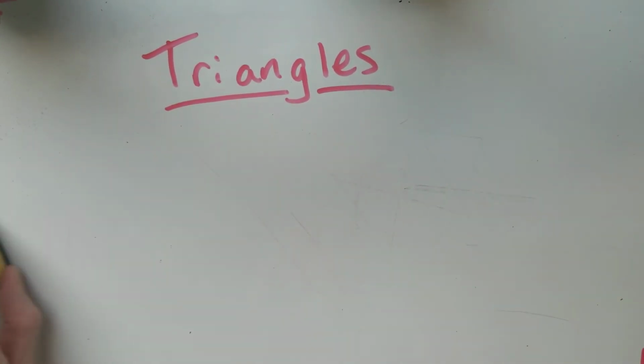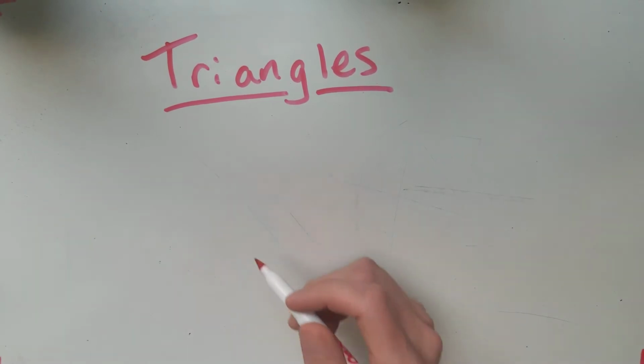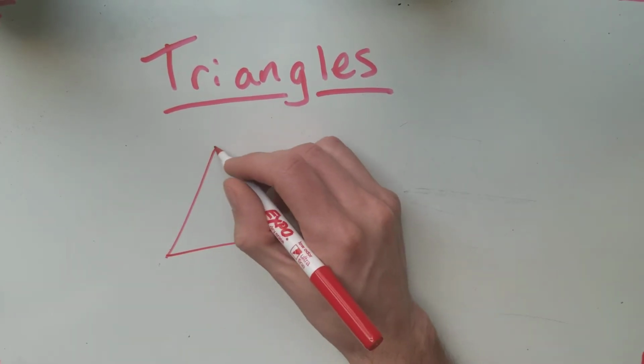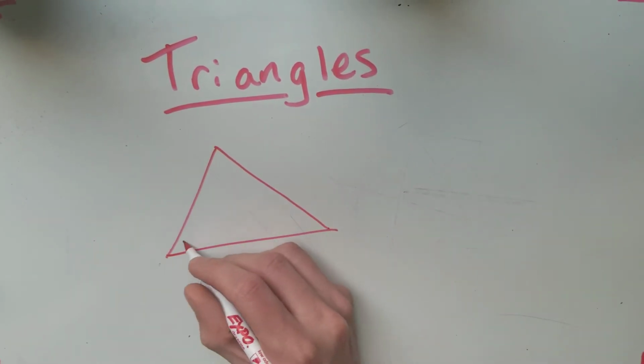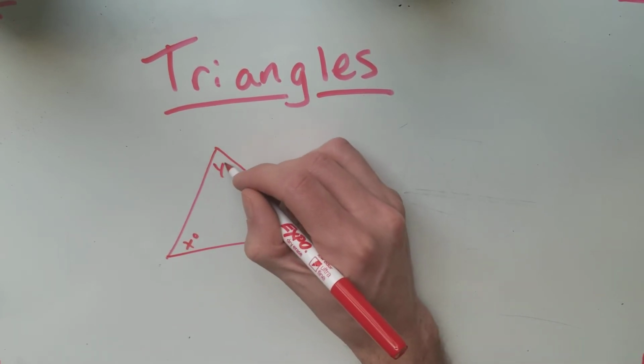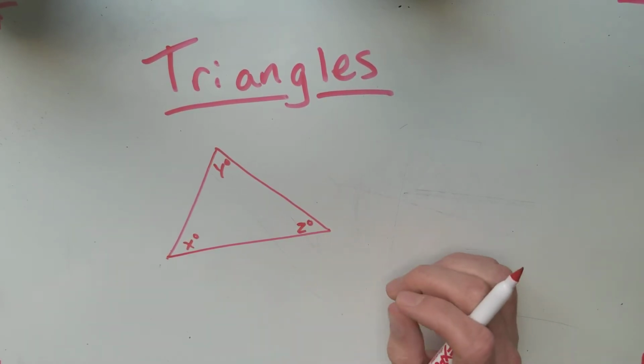One of the important properties I just talked about is that the angles inside a triangle add up to be 180 degrees. In the example in your slides, we have X degrees over here, Z degrees, and Y degrees. There are a few different ways you can go about proving this, and there are some cool proofs you can look up online.